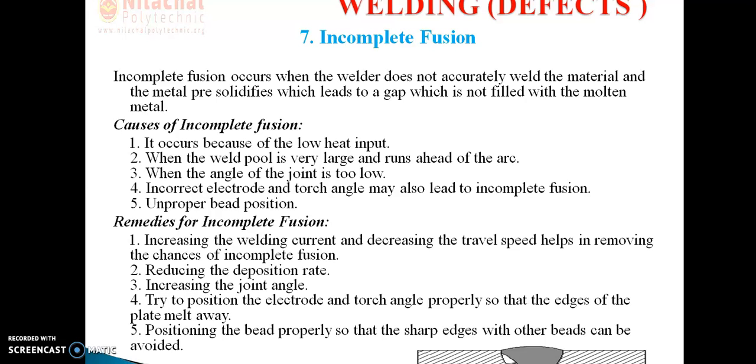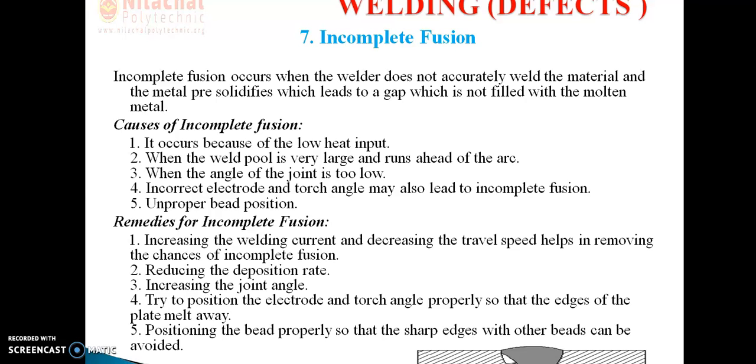So number five, improper bead position. During the welding process, it is recommended that the welder put the two parent materials on the weld table at a 180-degree angle, to get the best welding position.